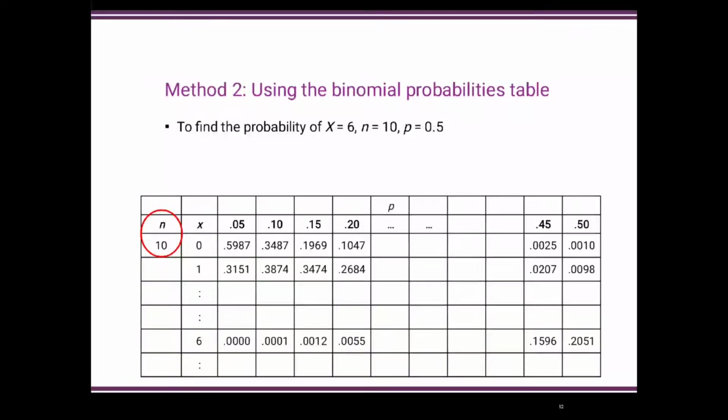You will have the first column for n, and the top row listing all the probability values, all the probabilities of success. So the answer is 0.2051.